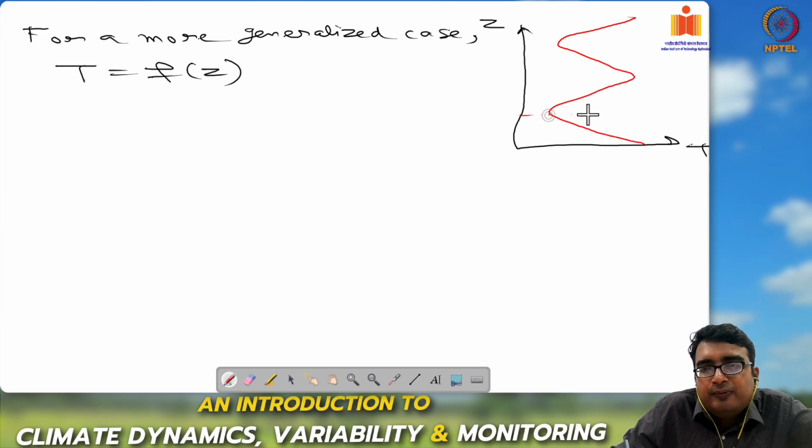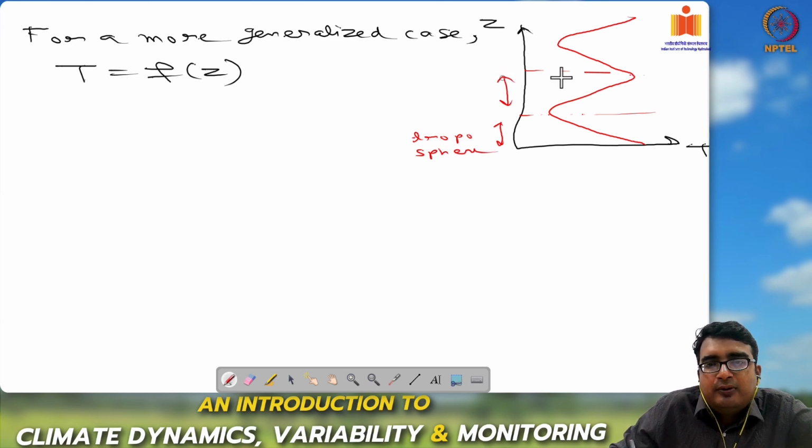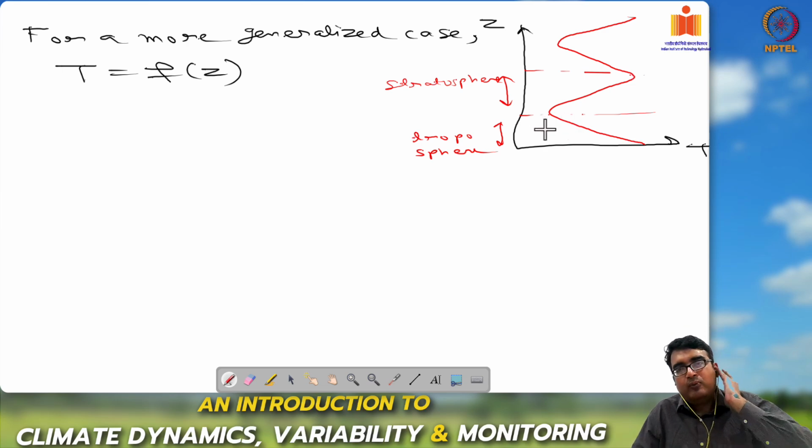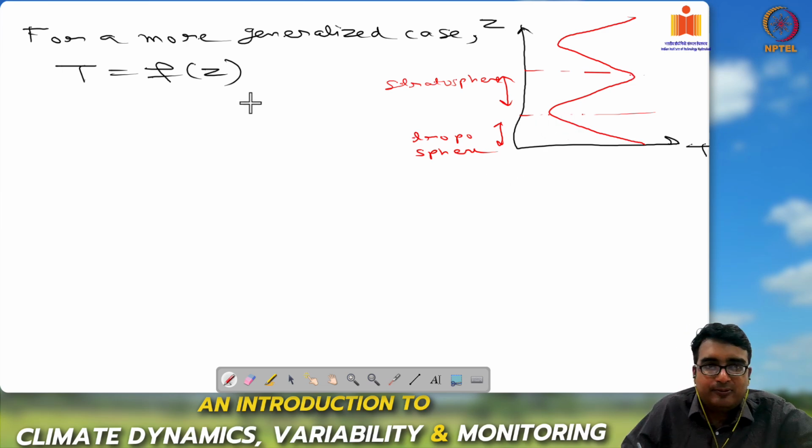This is the troposphere, this region is the stratosphere, and beyond this is your mesosphere and the exosphere. In each of these regions, the change of temperature with altitude is more or less linear.